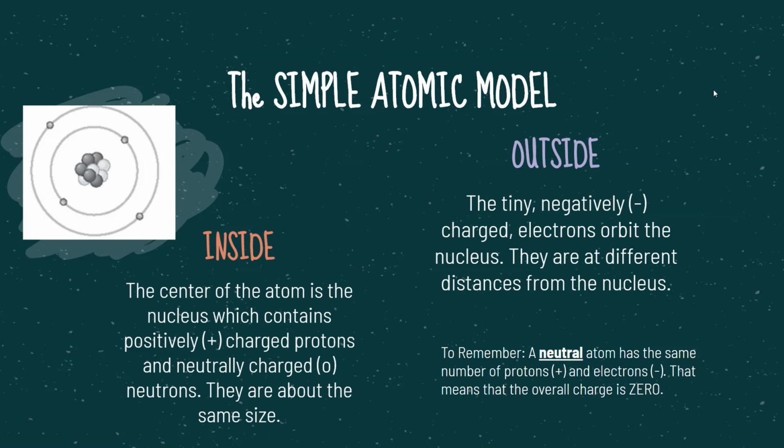So let's think about some different things. What do we mean when we say that the nucleus is dense? If we say the nucleus is dense, that means we have a bunch of things. In this case, we have a bunch of particles, and we call these subatomic particles because they're smaller than the atom itself. We have a bunch of these little particles, and they are packed in really, really close to each other, okay? We talked about density in the beginning of the year, and I said, well, there's going to be a really big difference if we pretend that the classroom itself is the amount of space we have, and the students in there are the particles.